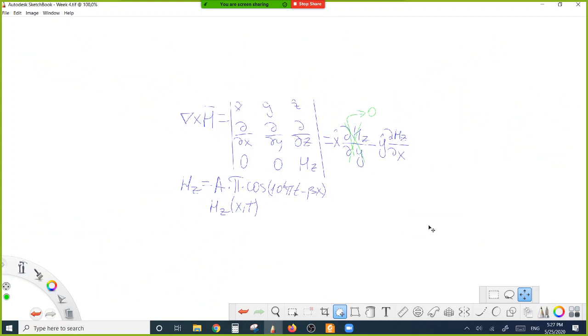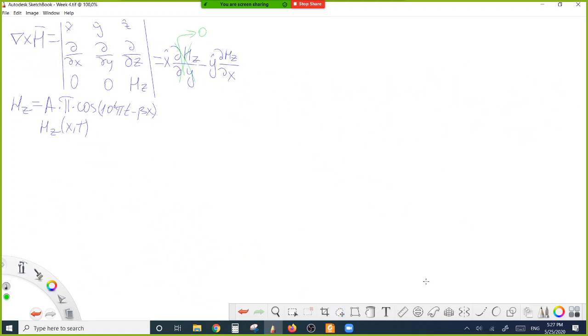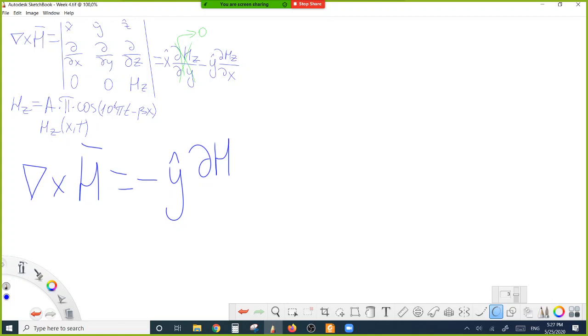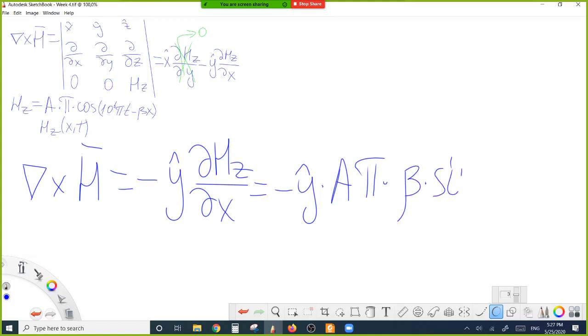And the rotor of H is equal to minus y dHz over dx, equal to minus y multiplied by a p beta sine of 10 to the 6 pt minus beta x.